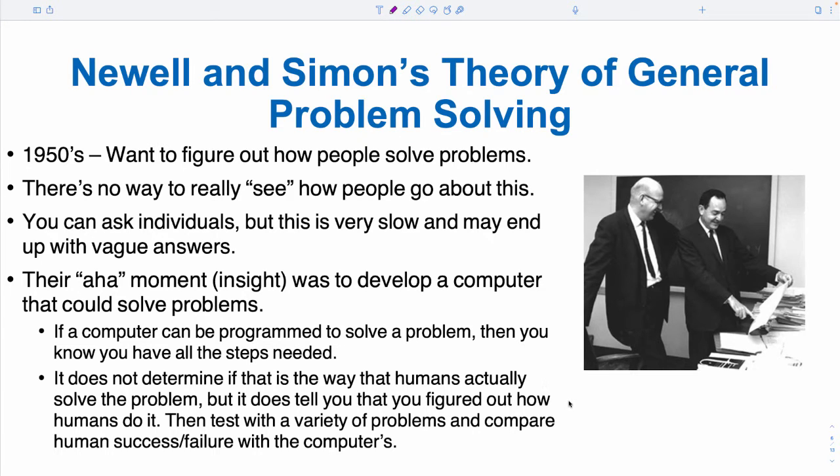So this was really the first use of computer modeling to help figure out how cognition works. And so we have Newell and Simon, who we can see here, to thank for that.